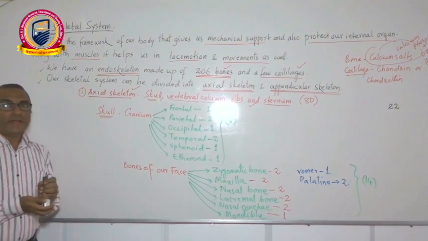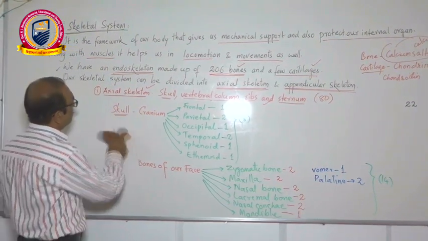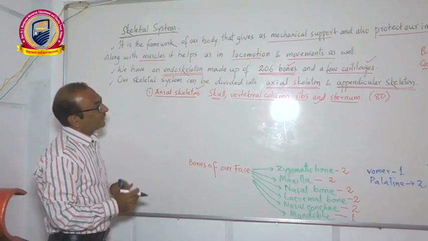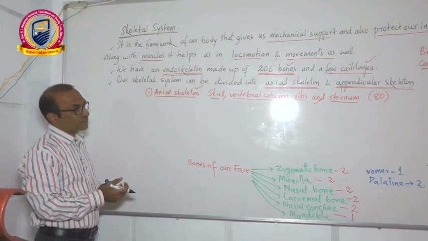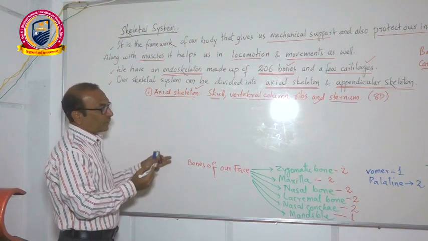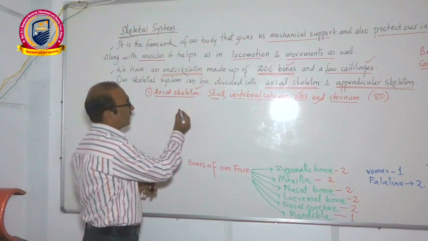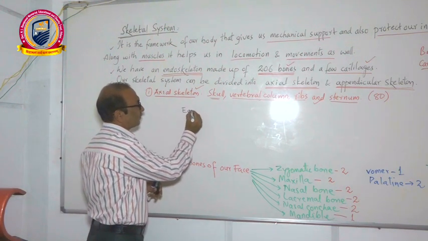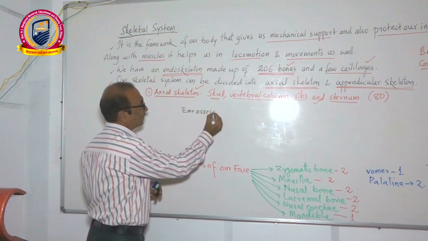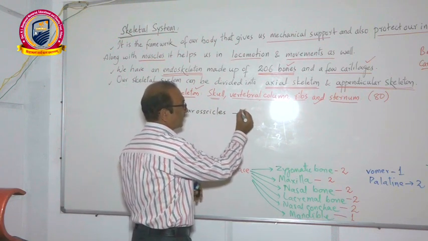Now after the bones of the skull, that is the cranial bones and the facial bones we have seen, there are some ear ossicles. You have studied about it. We have a total of 6 ear ossicles.